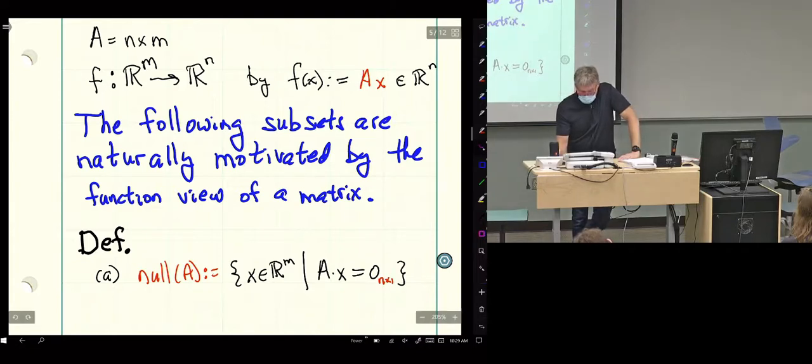You see, I'm viewing A as a function that takes vectors in Rm and produces vectors in Rn.